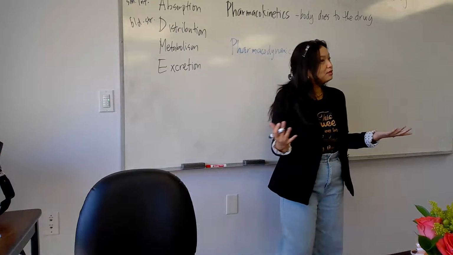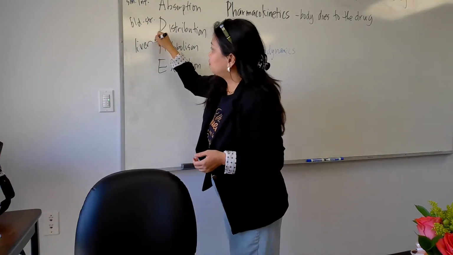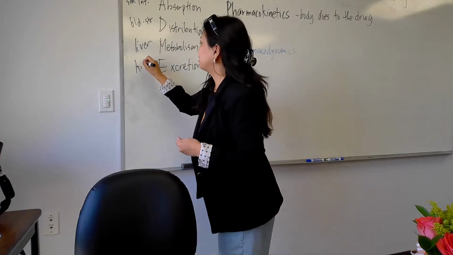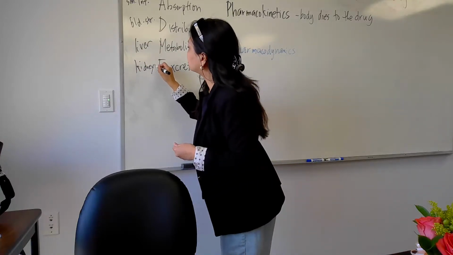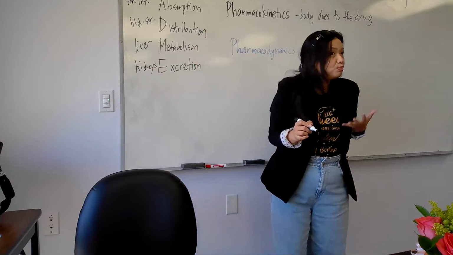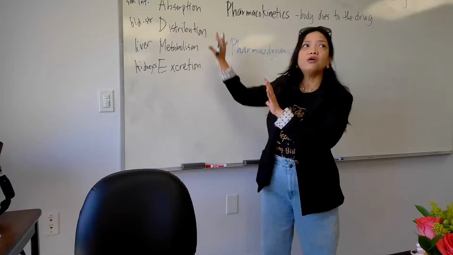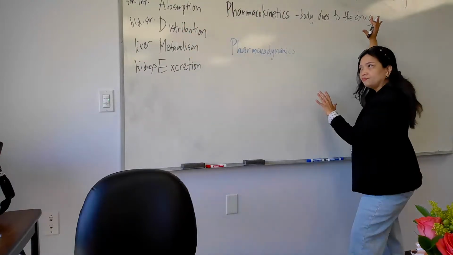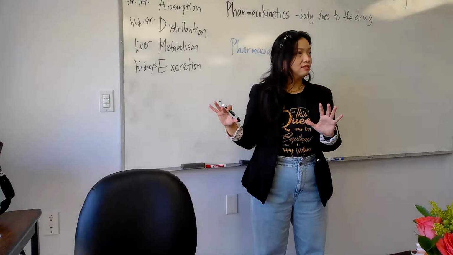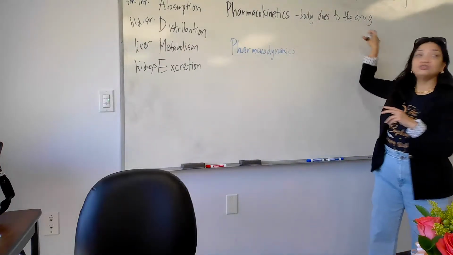Where does metabolism usually happen? Where does excretion usually happen? Speaking of excretion, can we excrete drugs through sweat? Yes. Can we excrete drugs through breast milk? Yes. So if you know this terminology and you remember ADME, you know what the body does to the drug.